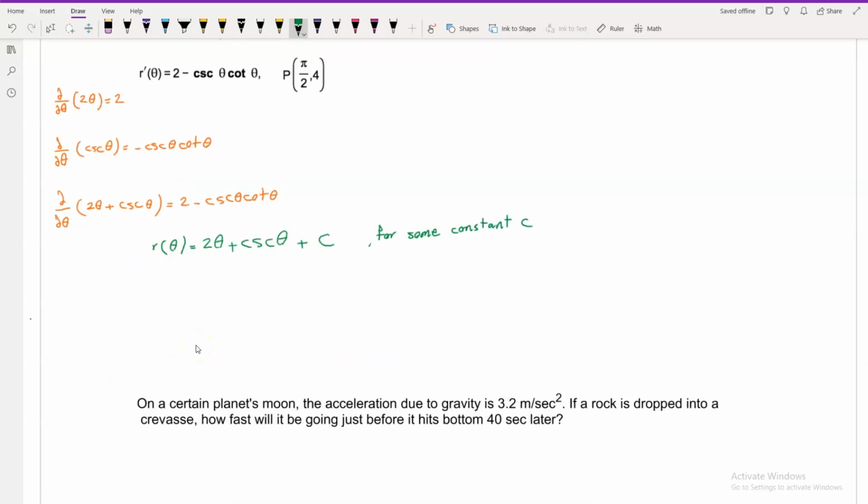So that means what we have for our function r of theta is equal to 2 times theta plus cosecant theta plus c for some constant c.